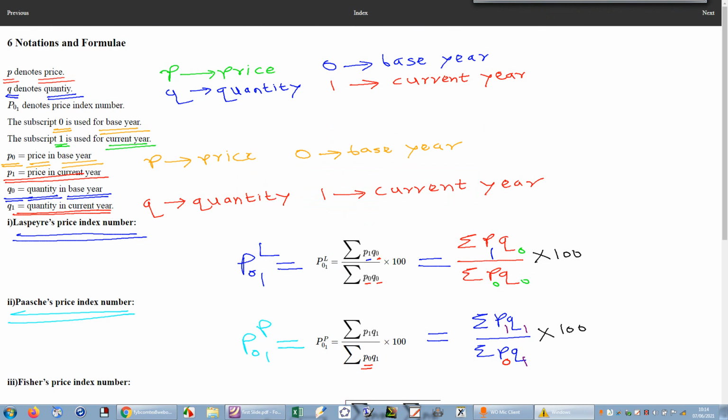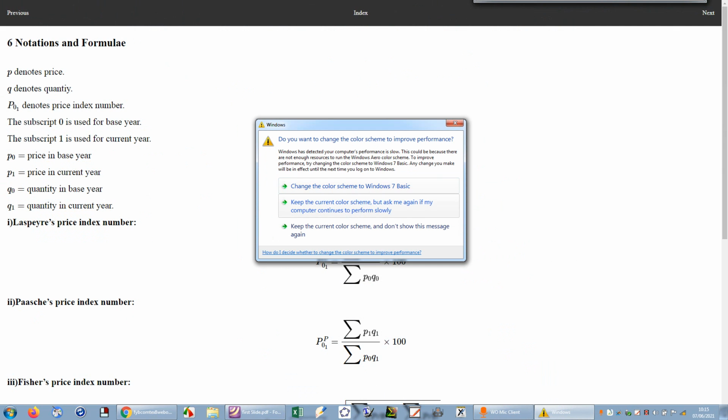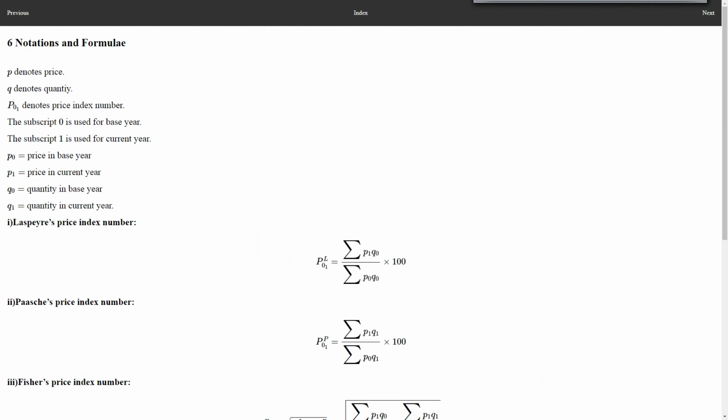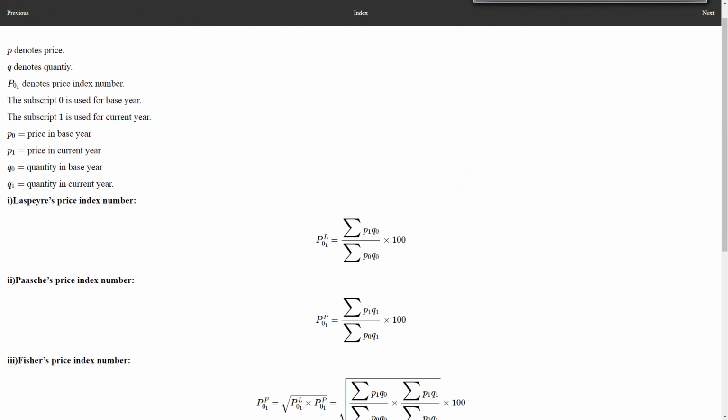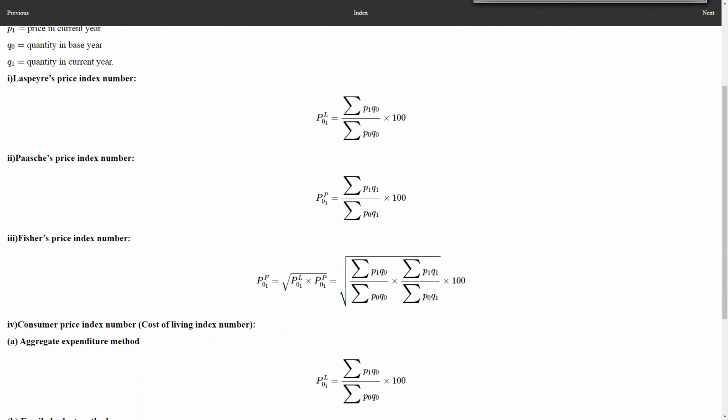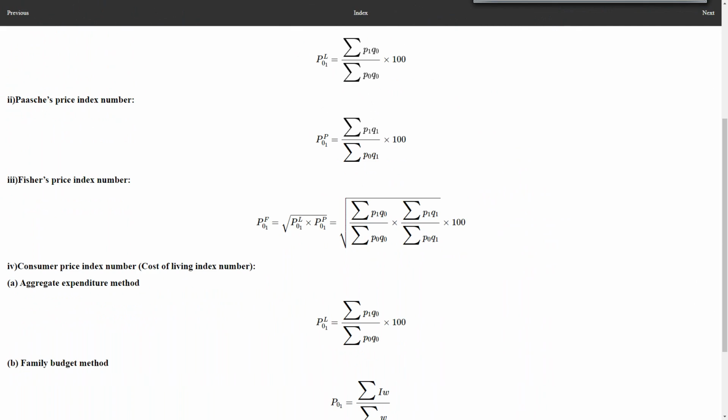The next formula is Fisher's price index number. There is no need to remember the formula for Fisher's price index number because it is based on Laspeyres and purchase price index numbers.